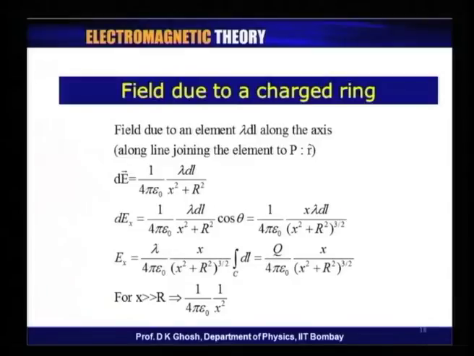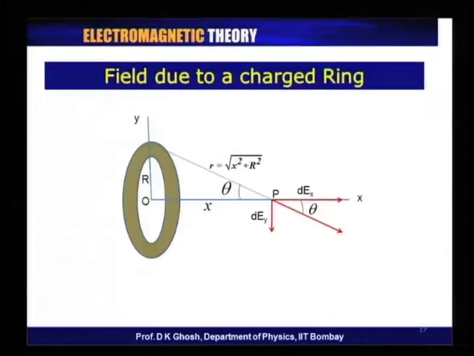What happened to the y component? Look at this, while the x component added up, the y component will cancel, because from a symmetrically placed element, supposing I look at this section, the force will be directed like this. If it is directed like this, the x component will still be along the x axis, but the y component will be in the reverse direction.